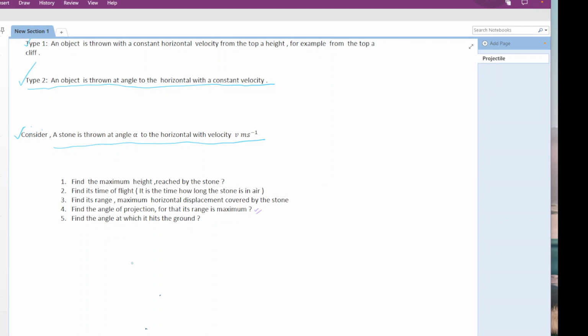There are 5 patterns of question that examining bodies usually ask you to solve. Question 1: find the maximum height reached by the stone. Here, the stone is the projectile. Question 2: find its time of flight, which is the time the stone is in the air.